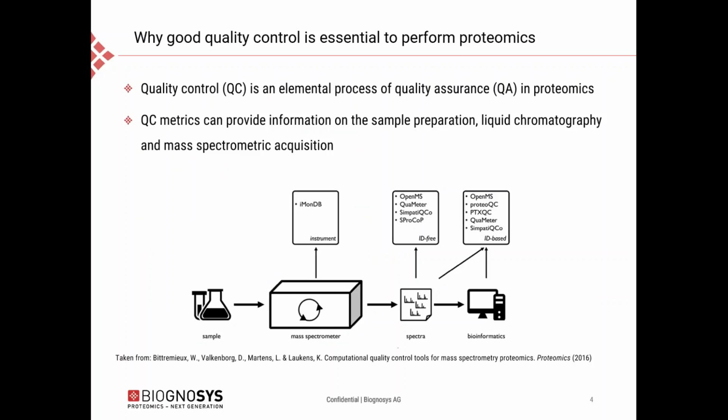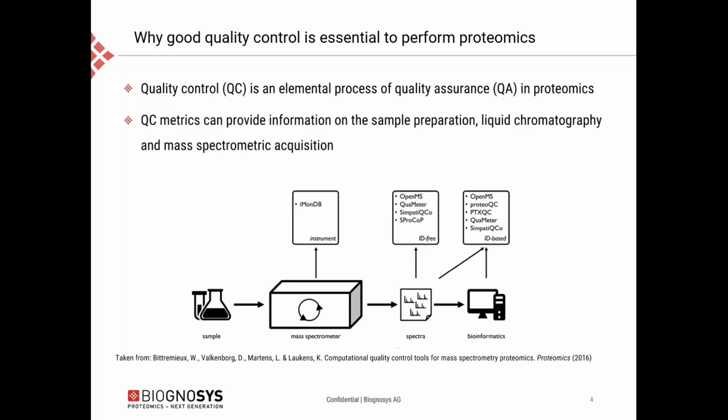Good quality control, or QC, is an elemental process of quality assurance in proteomics. In general, QC readouts can provide you valuable information on sample preparation, on the liquid chromatography part, and also on the mass spectrometer, and thus give you readouts on how well your sample preparation worked, or if your mass spectrometer actually worked optimally, or if you have any trends in your mass spectrometer over a period of acquisition.